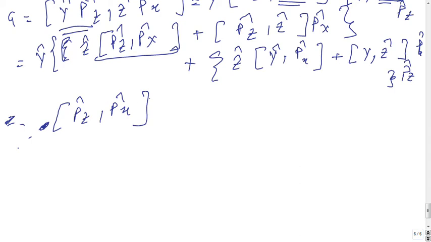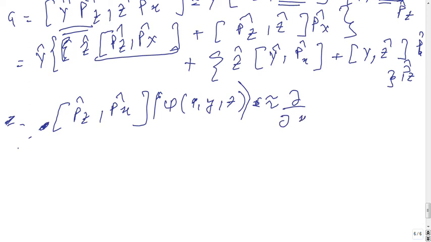If we apply this commutator to any dummy function or state of x, y, z, this would be equal to del z del x, approximately, ignoring all the h bar iota factors just to simplify the calculation.